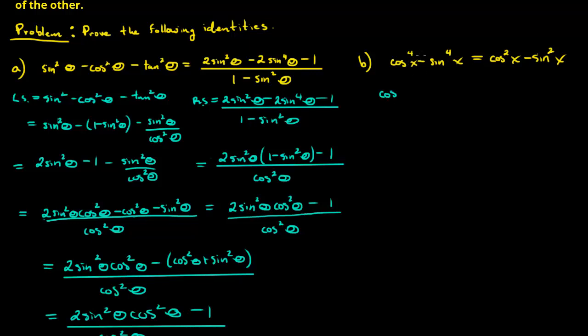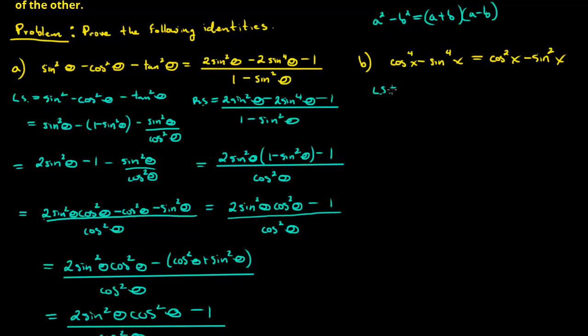Now recall the difference of squares formula. If you have a squared minus b squared, well, that's equal to a plus b times a minus b. And thus, I can factor the left side since it's a difference of squares.